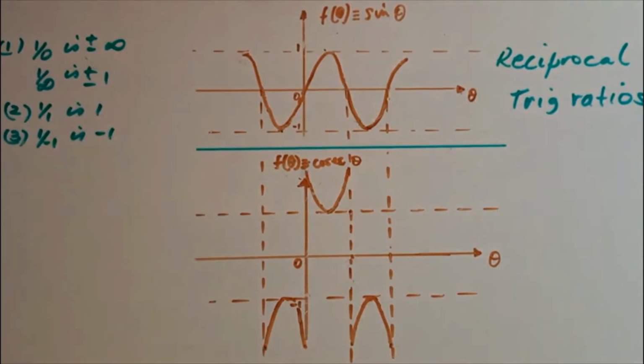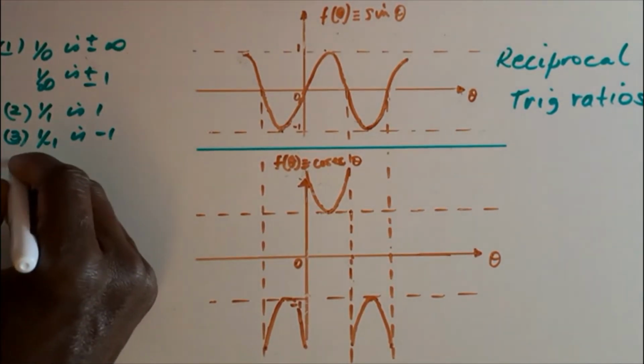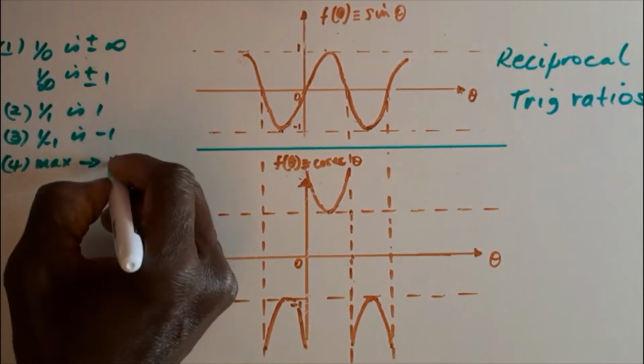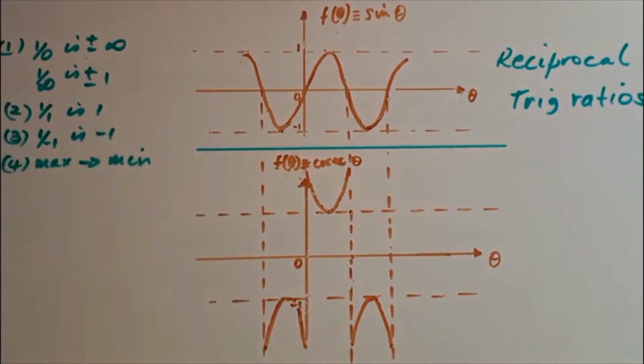For expressions with a maximum value, its reciprocal has a minimum value. So we go from max to min as we find the reciprocal of any expression.